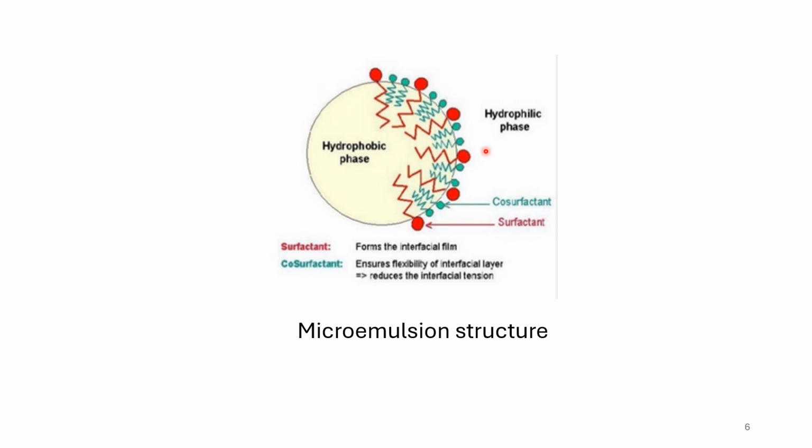Meaning that at the point where the SDS forms the micelles, the interfacial tension is still at a very high value. Therefore, in order to further reduce the interfacial tension after the SDS achieves the CMC, what we can do is add another type of surfactant into the mixture.